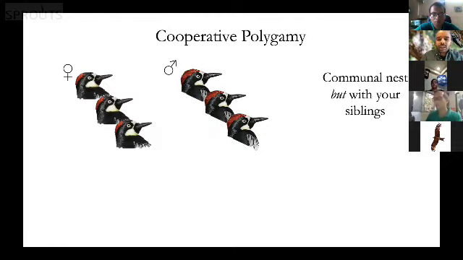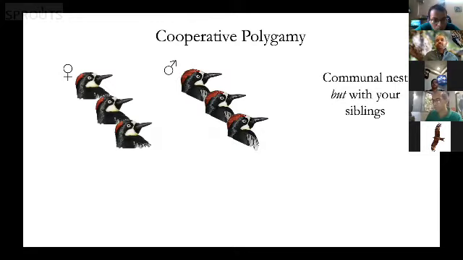So in many human systems, even though you might live in a joint family where 2 brothers might have their families in the same house, they have their kids separately. In acorn woodpeckers, multiple brothers will mate with females and those females will lay a communal nest, and everyone raises the chicks together.